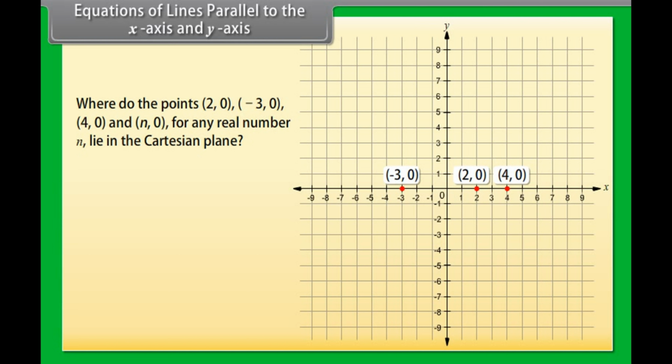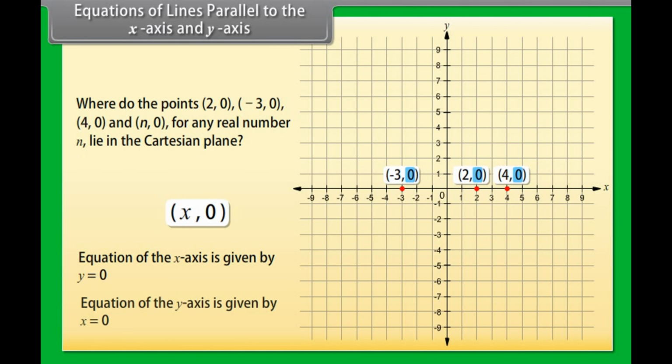Because on the x-axis, the y-coordinate of each point is 0. In fact, every point on the x-axis is of the form (x, 0). So the equation of the x-axis is given by y is 0. Similarly, the equation of the y-axis is given by x is 0.